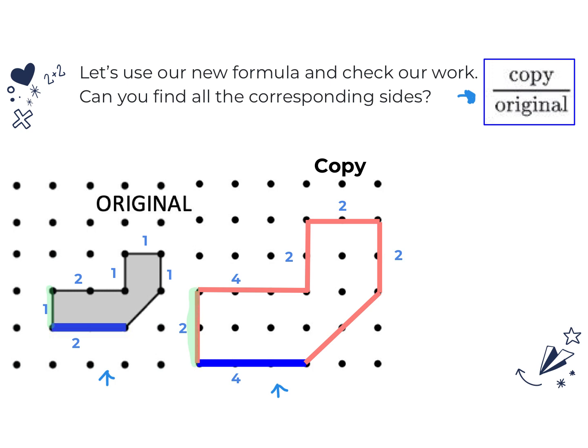I want to also point out to you right now that the blue side on the bottom, right here, and here, these two, are already highlighted for you. They are corresponding sides. So now I'm going to move on. I'm going to have this side and this side be corresponding sides. And then I'm going to have this side and this side.